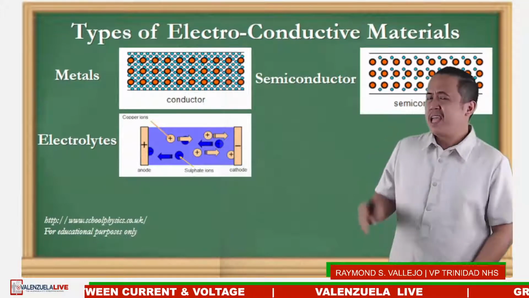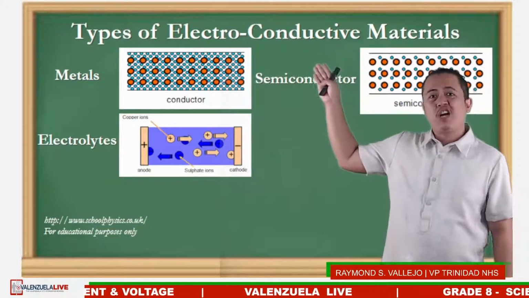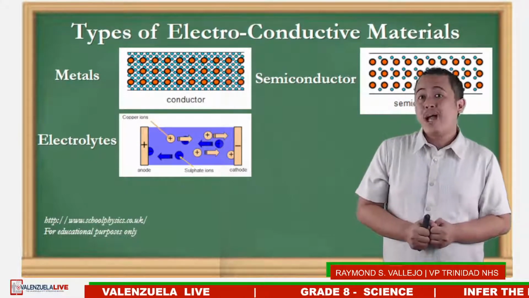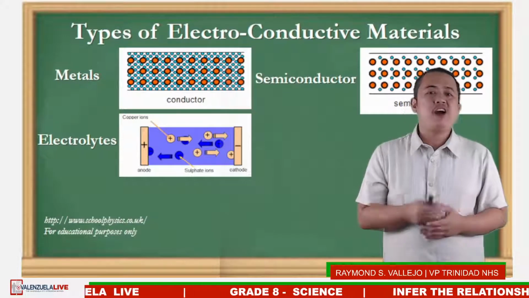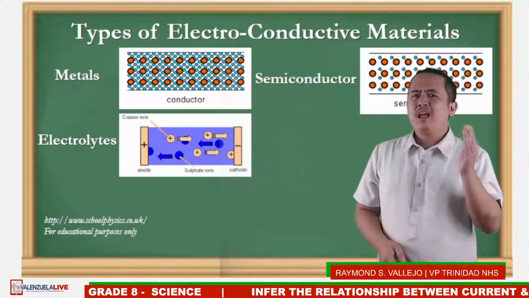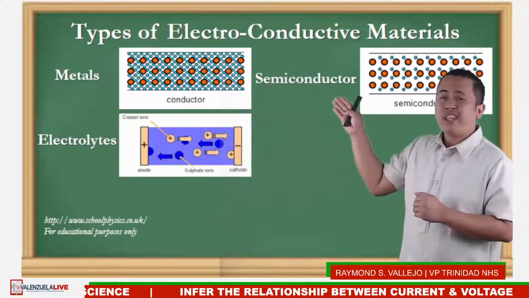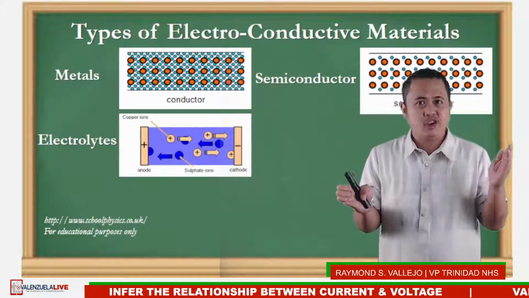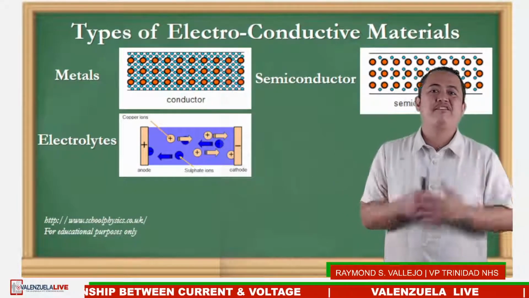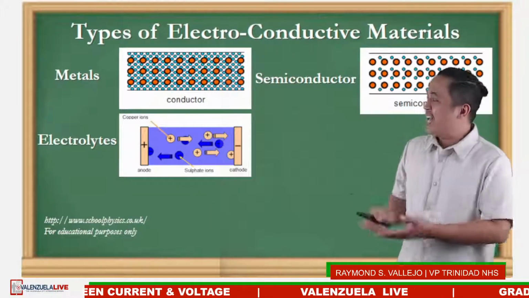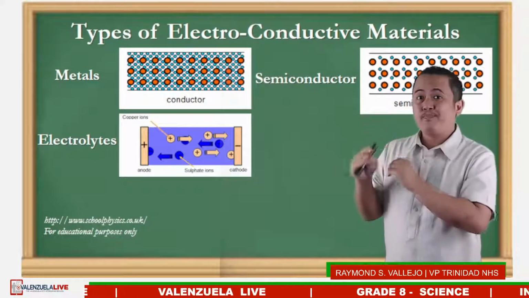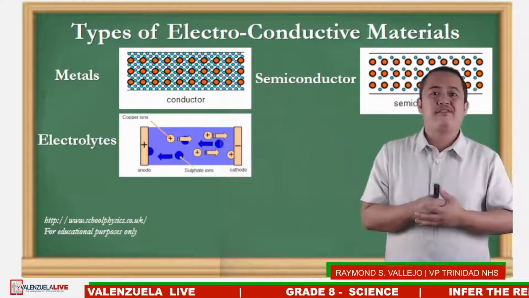If the material is a metal, positively charged atomic nuclei are held in a fixed position, while negatively charged electrons are free to move about in the metal. If the material is a semiconductor like silicon and germanium, the charge carriers can either be positive or negative. If the material is an electrolyte, charge carriers can be both positive and negative particles.